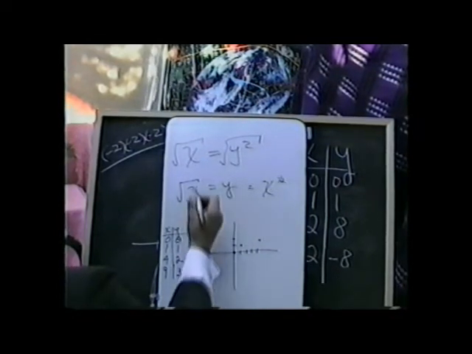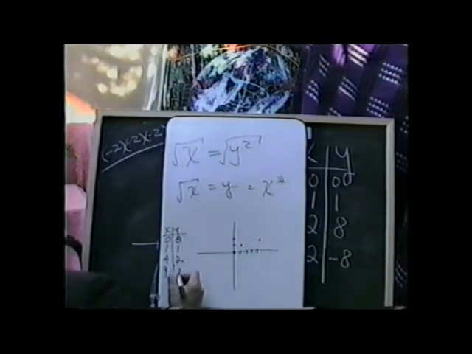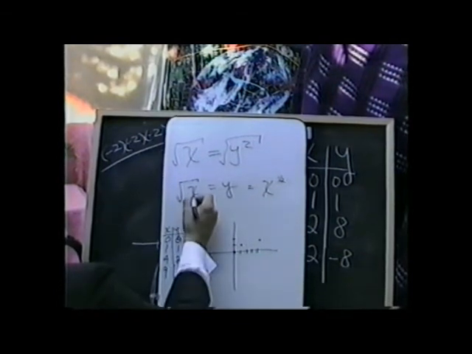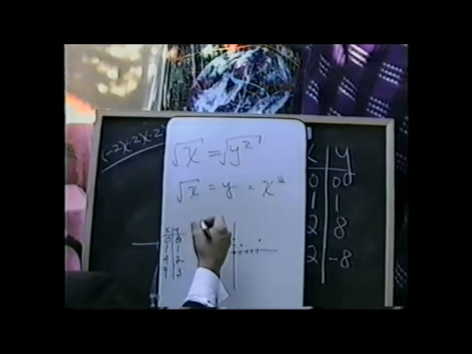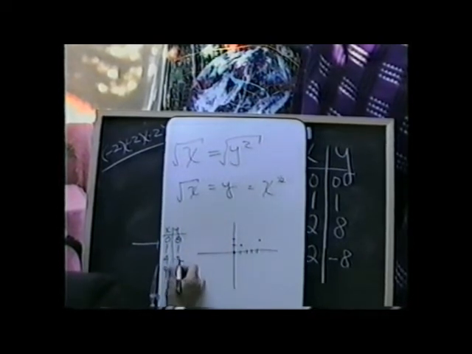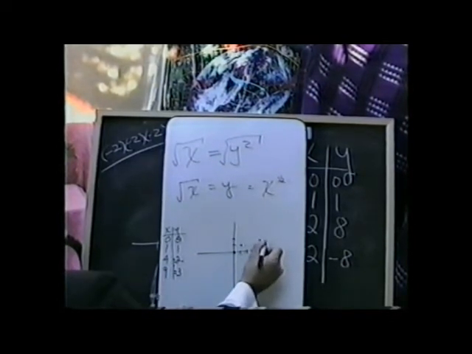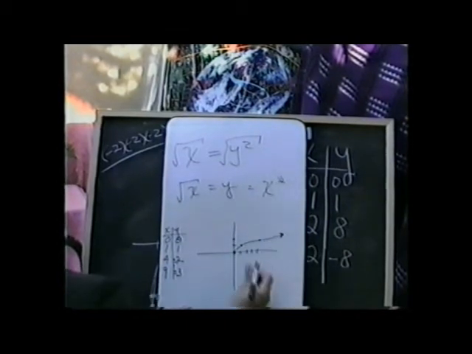And this is where it comes in again that we can have plus and minuses, because the square root of 4 can also be plus or minus 2. So this would be both plus and minus. So what we see is now we get a curve going this way for positive values.